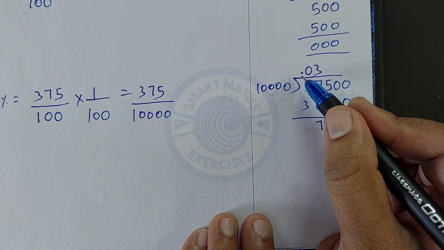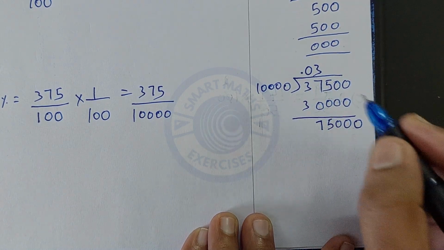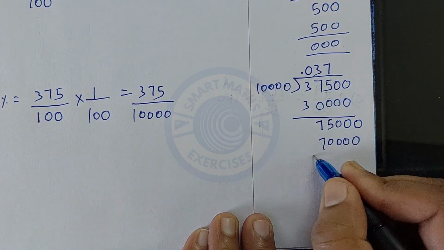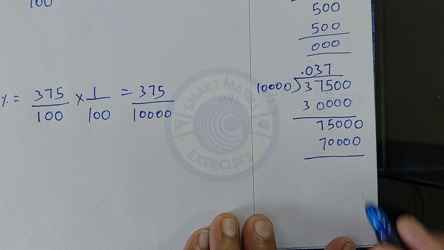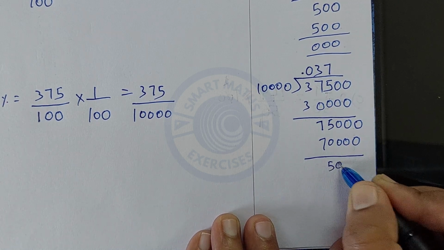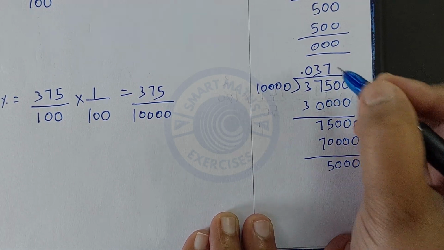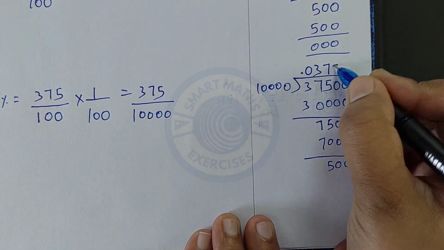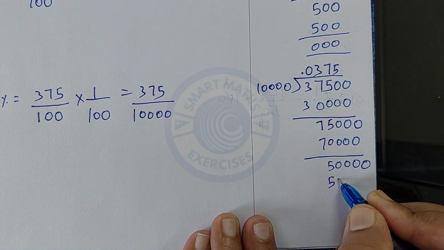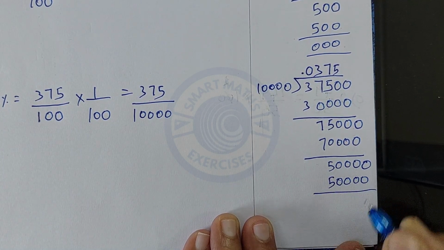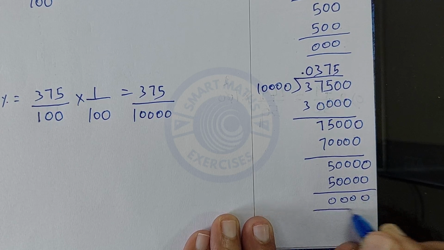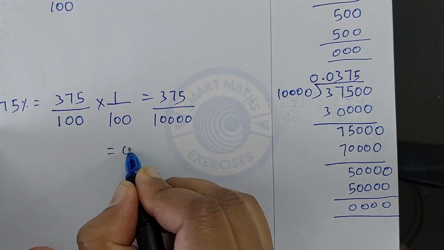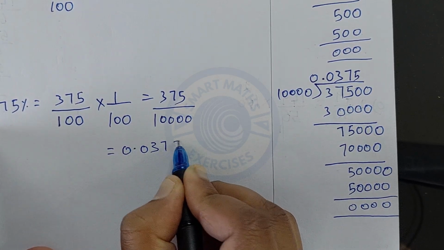Since we already have a decimal point here, add 0. 10,000 sevens are 70,000. Subtract 75,000 minus 70,000, you will be left with 5,000. Since we already have a decimal point here, add a 0. 10,000 fives are 50,000. Subtract 50,000 minus 50,000, you will be left with zeros. So answer is 0.0375.